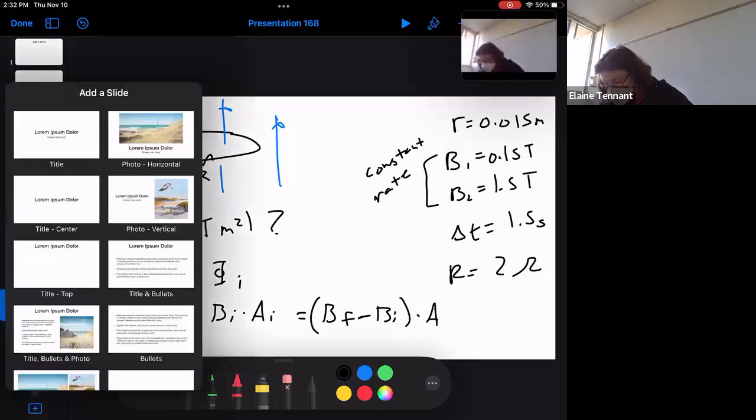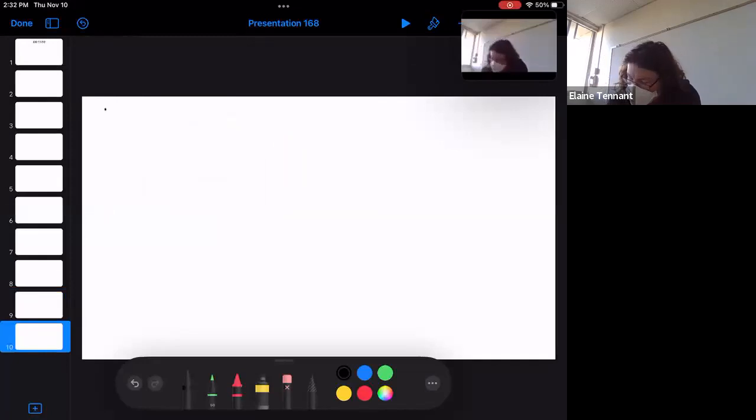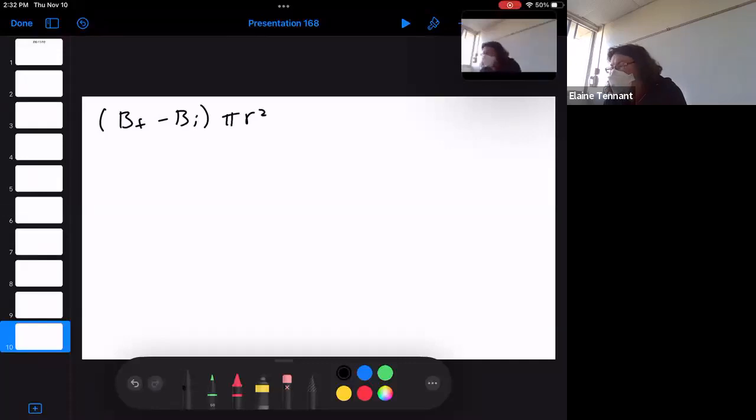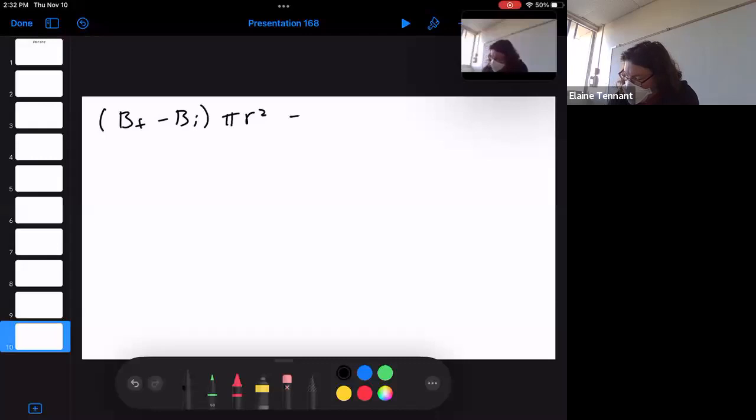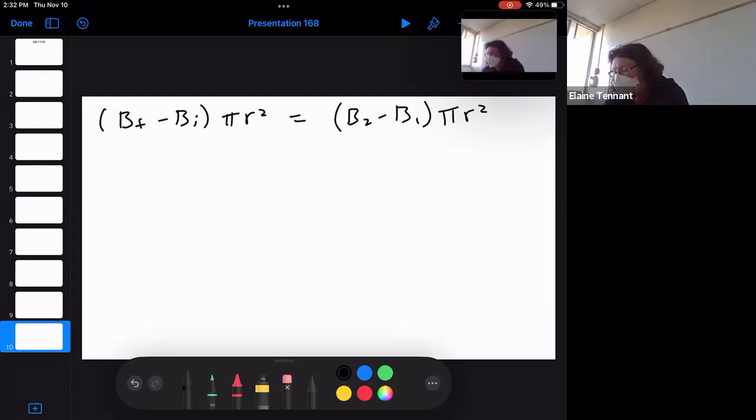Pi r squared. Times pi r squared. And then if we want to figure out this change in magnetic field, we just take B2 minus B1. So I'll write B2 minus B1 times pi r squared, and that's our change in flux.